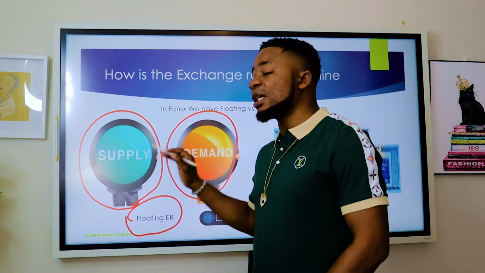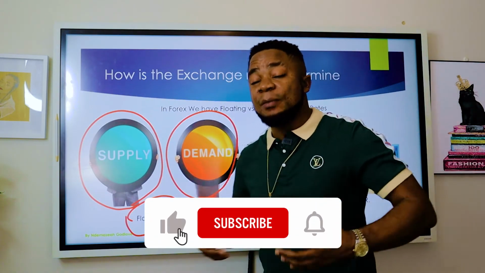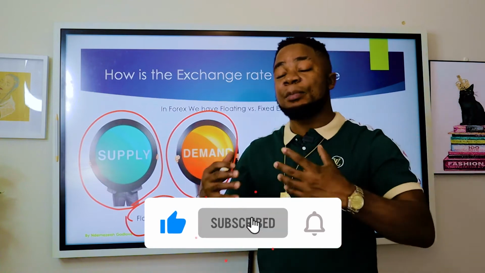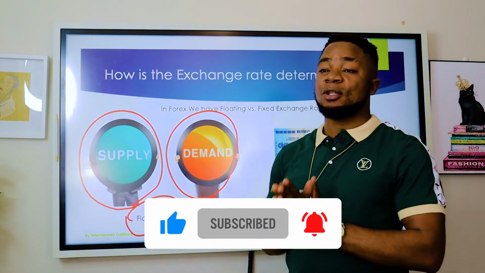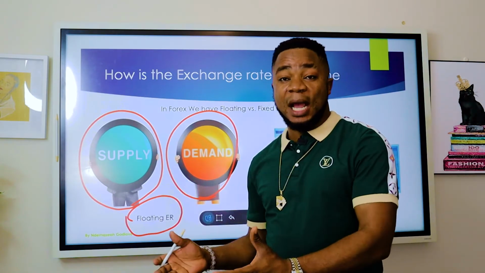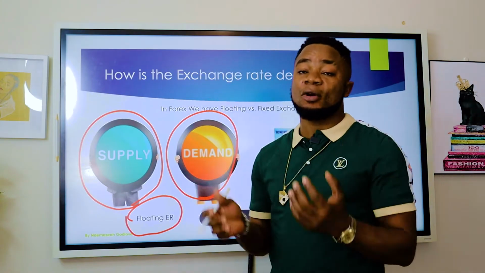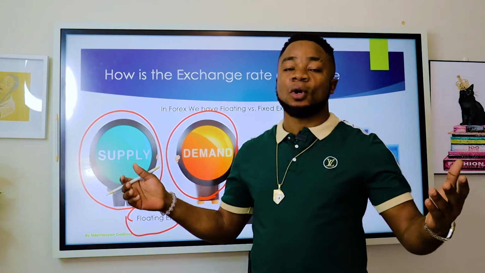And the way the exchange rate is determined: if many people want to buy the United States dollar, it means the demand for the United States dollar will be high. And if the demand for any particular commodity or currency is high, the price will also go up.